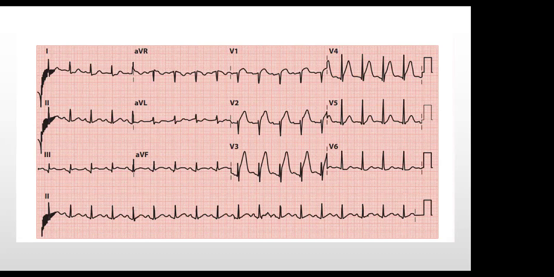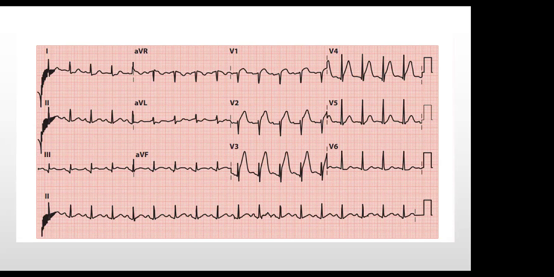Yes, hyperkalemia also causes peaked T waves. The reason for the peaked T wave in ischemia or MI is because of increased potassium levels outside the cell. So if somebody also has hyperkalemia, the same principle is happening, so that can also cause that.